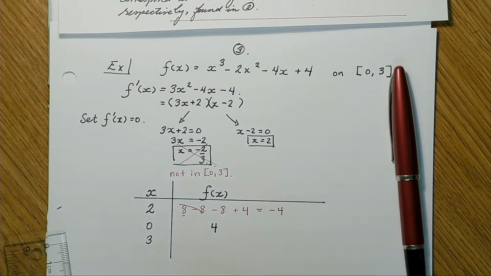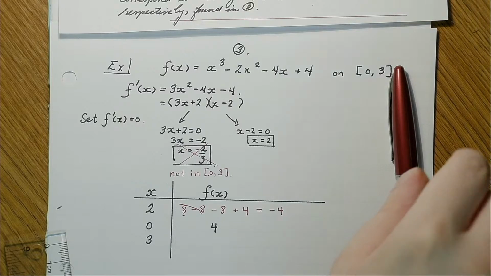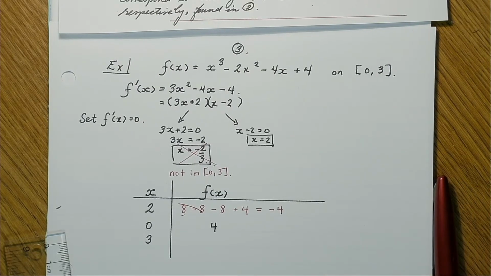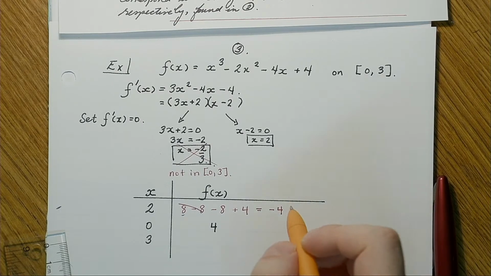Everyone else got minus 4. I'm just also waiting for Joey, because Joey's the one that catches me for my negatives. Yes?